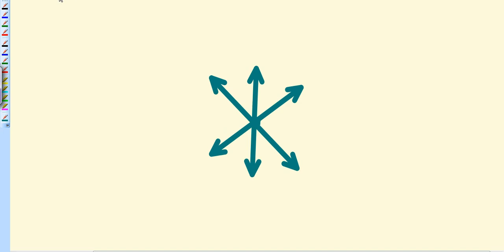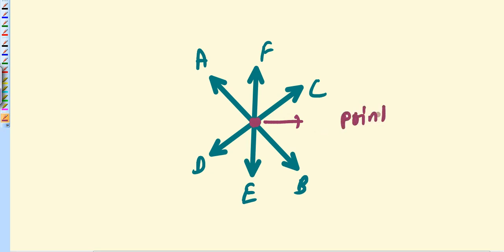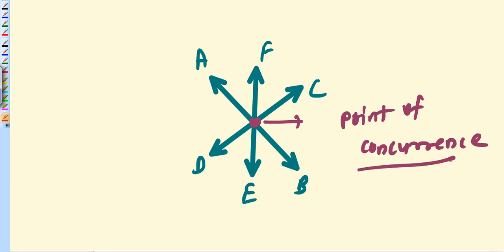So just like A, B, then C, D, E, F. So these lines are concurrent, and here we have this point from where all lines are passing. So this point is known as the point of concurrence. Now your introduction part is over.